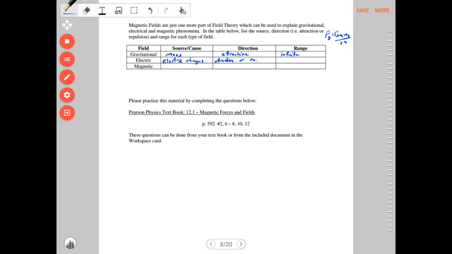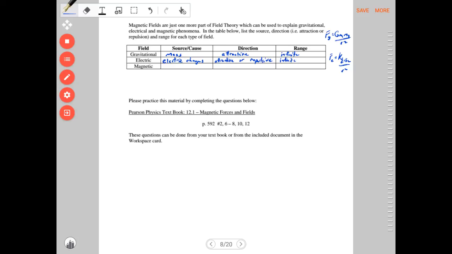Now remember the formula for this, it's Fe equals k Q1 Q2 over r squared. So again, as the charges get far apart, the force gets less, but it's still infinite.